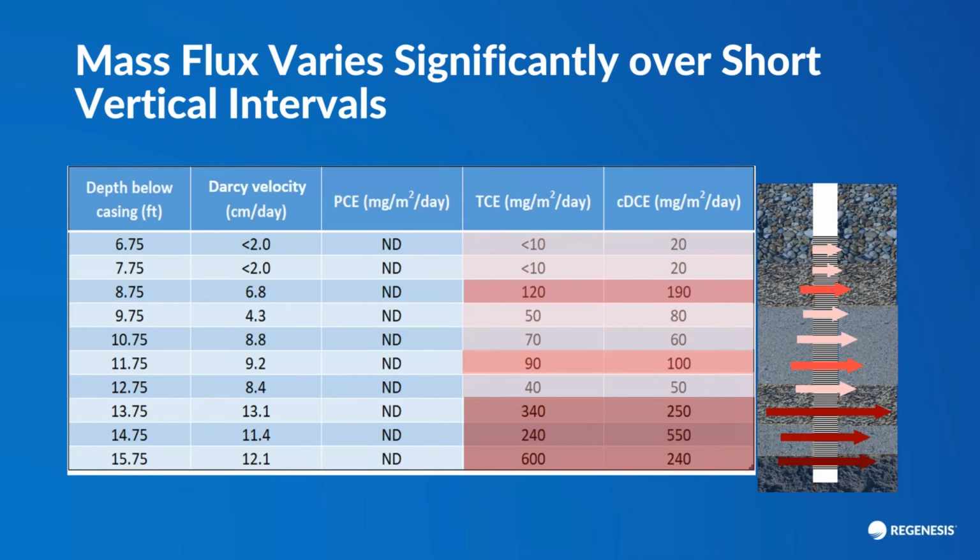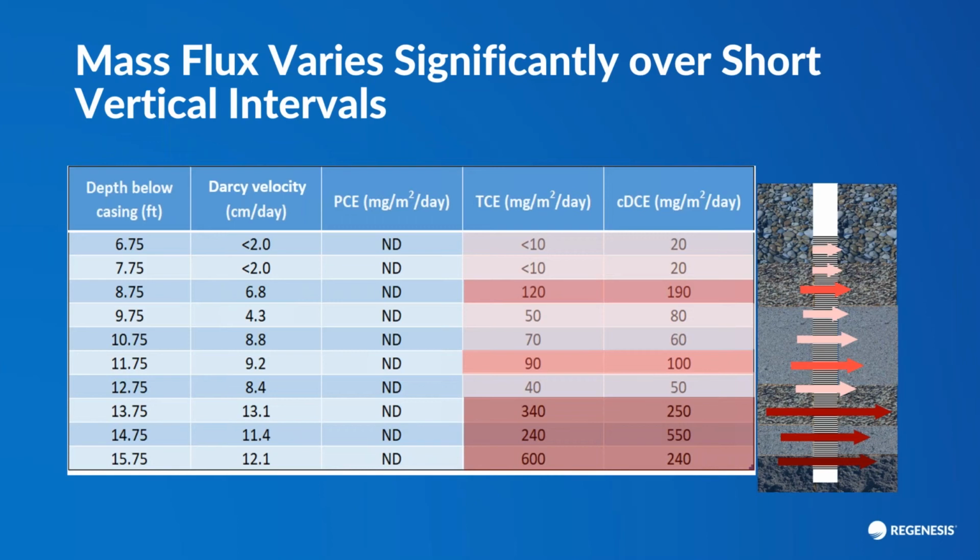So in this slide, I wanted to talk about how mass flux varies significantly over very short intervals. If you look at the left-hand column, that's depth below casing in feet. It spans approximately 9 feet, between 6.75 and 15.75 feet BGS.